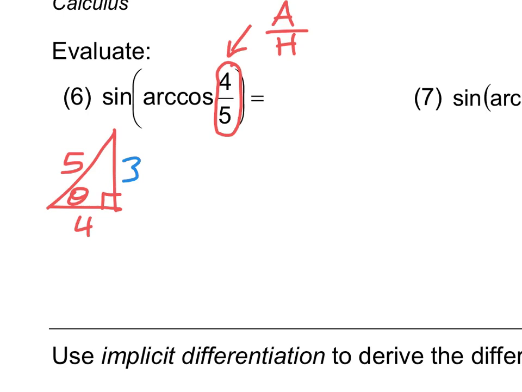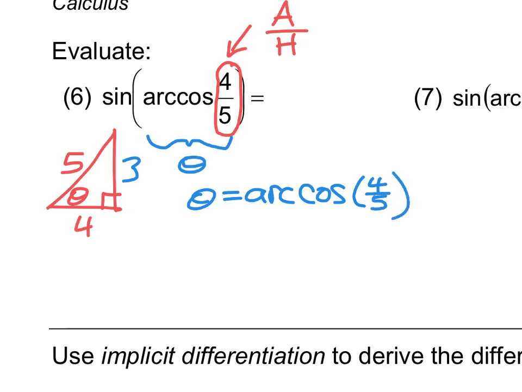Now this is the important thing to remember, and honestly, it's the most commonly missed concept. Arc cosine, arc sine, arc tangent, arc whatever, the result of that is always some angle theta. So what they're telling us here is that theta is equal to the arc cosine of 4/5.